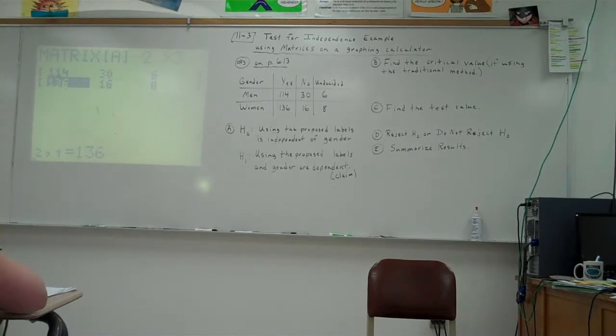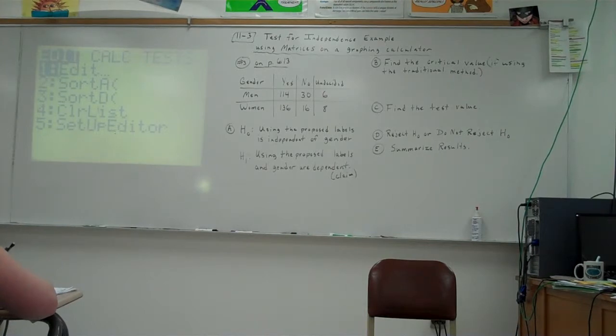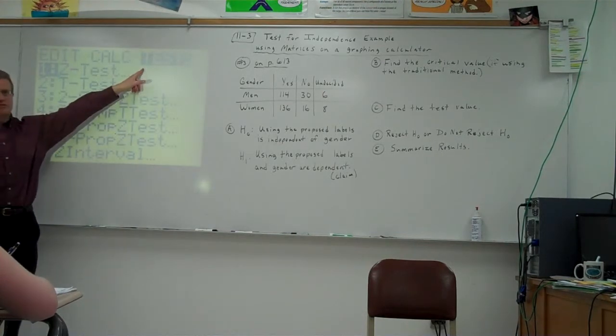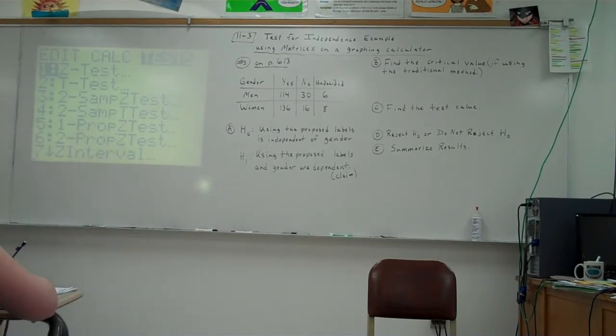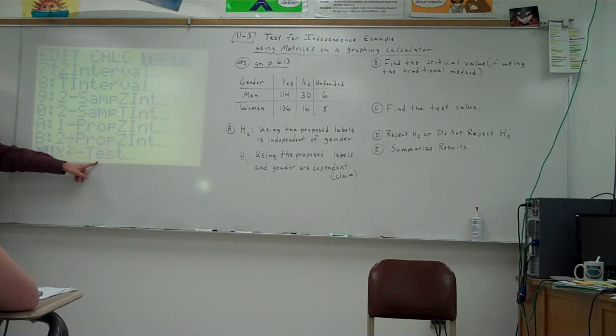Move the cursor to tests. So you press stat, then use your right arrow to go over to tests. Now you're going to go down to choice C, so it's down a ways, where it says chi-square test. Everybody find that? Okay, push enter.